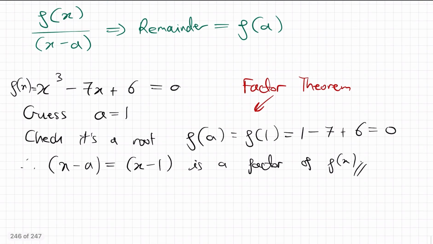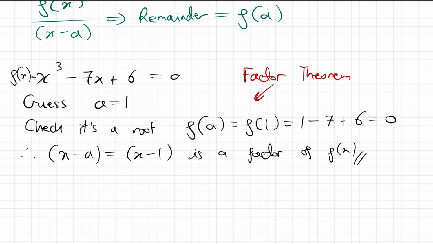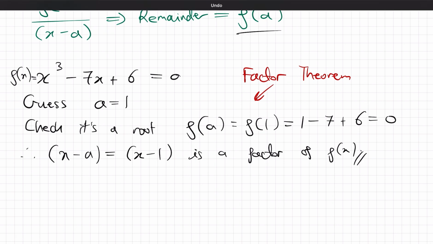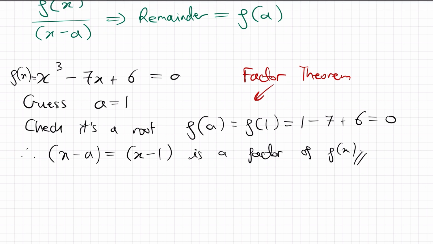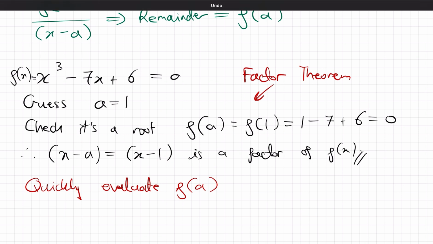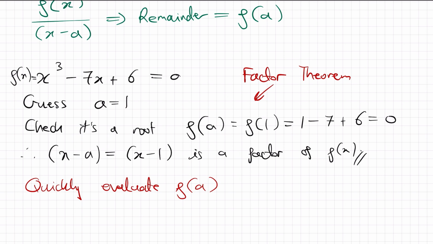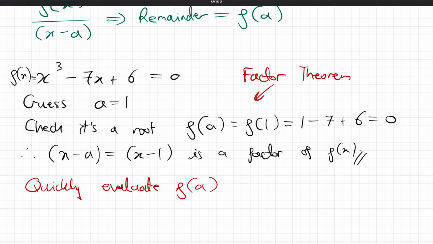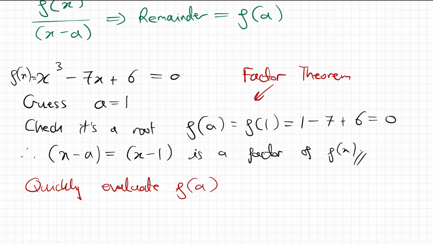But one interesting thing that you can use it for is to quickly evaluate f of a. So clearly f of a is equal to the remainder when f of x is divided by x minus a.